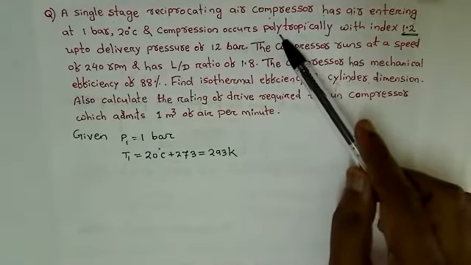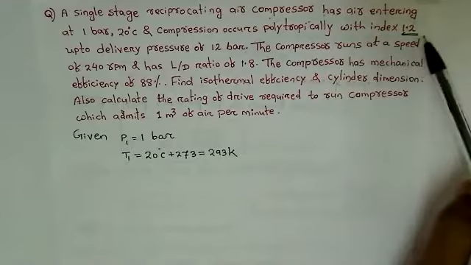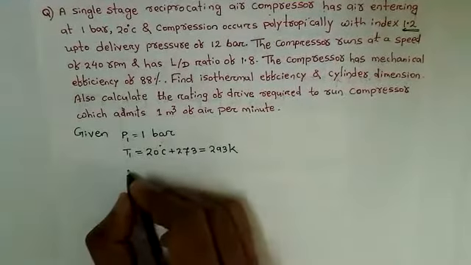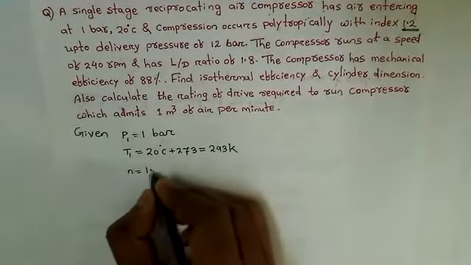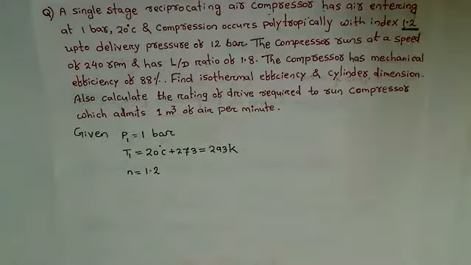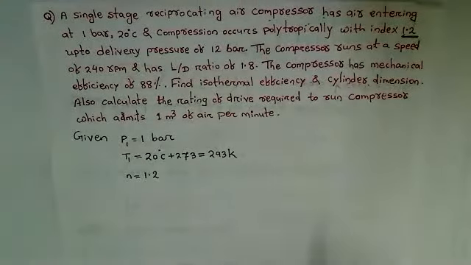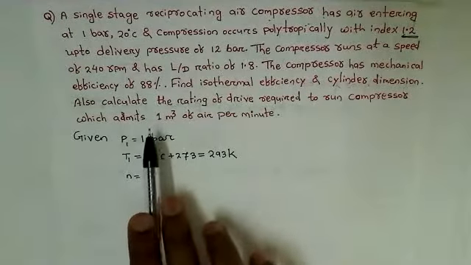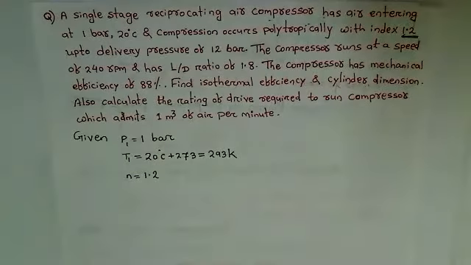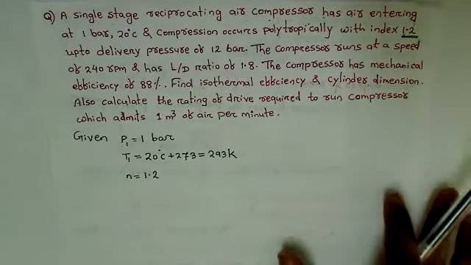Since it is written polytropic process and the index is given as 1.2, this means the n value is 1.2. Your only task is to understand the question. If by reading the question you can write down the given data correctly, then there is no problem. You will get the correct answers.